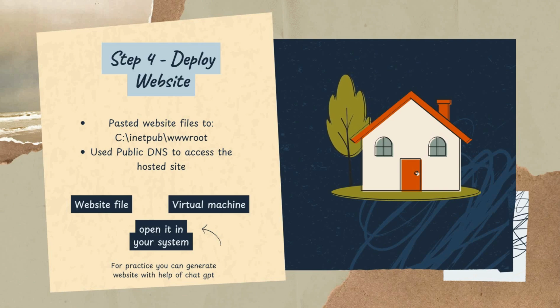After IIS was ready, I copied my website files into the folder called wwwroot, which is located in the virtual machine's local disk C, inside the inetpub folder. Inside that folder you can find the wwwroot folder. Only into that folder can you place your website files. Next, I copied the public DNS from the AWS console and opened it in the browser. So my website was live.